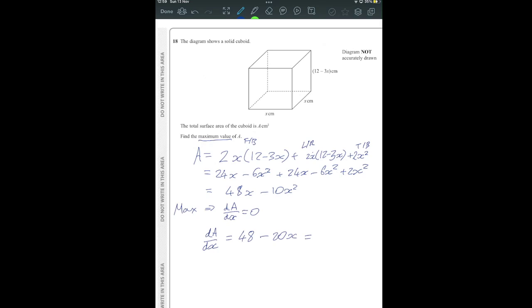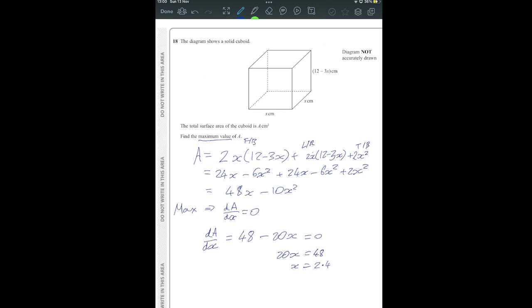Well, if we set that equal to 0, we can try and solve for x. So x is 48 divided by 20, which is 2.4. So the maximum here occurs, well, it's not actually a maximum, it's just a stationary value, but this is a negative quadratic, and we know negative quadratics are the n shape, so its stationary value is a maximum.